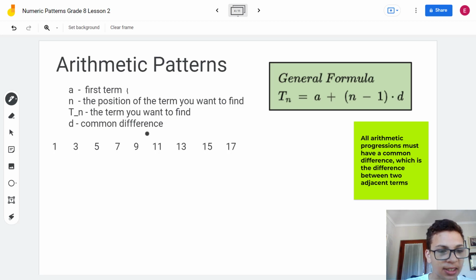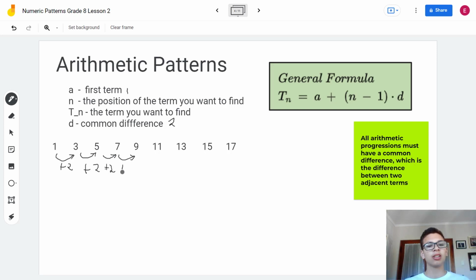Each time you're adding 2, that means your common difference is 2.